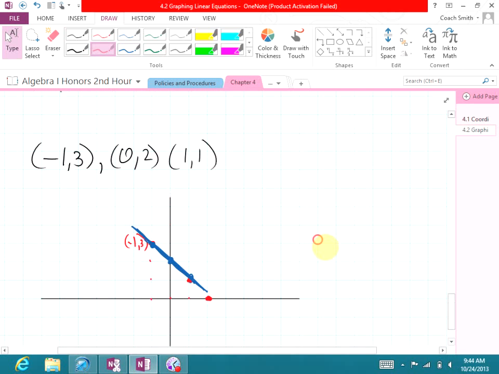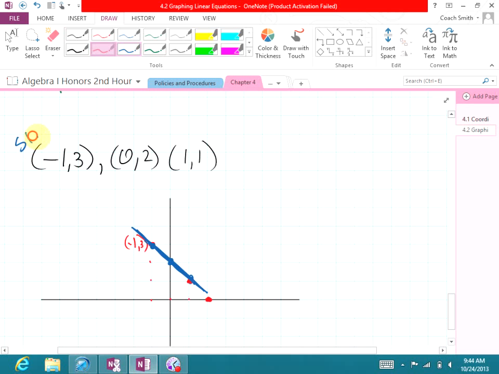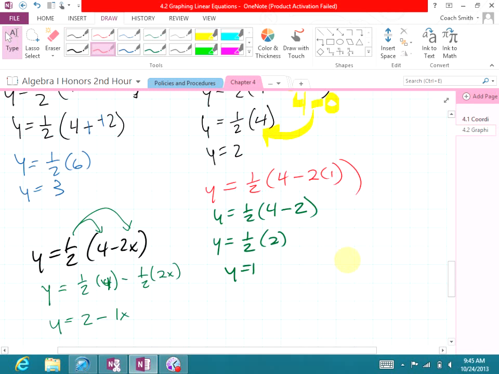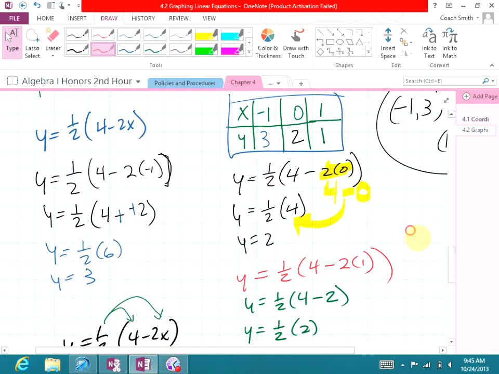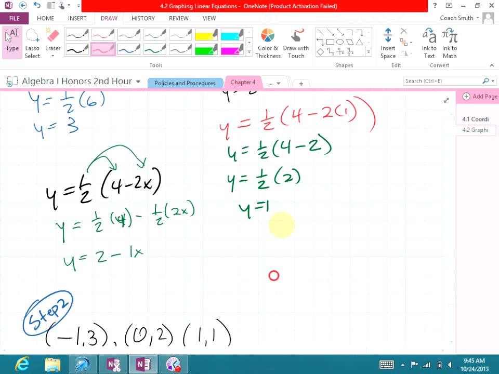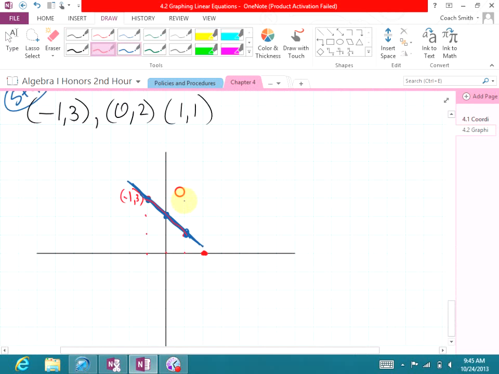So step 2, this was step 2, come up with the actual values. Step 1 is this right here. This is step 1. Step 2, this is part of step 2, the actual values there in the table. And then step 3 is actually plotting the points.